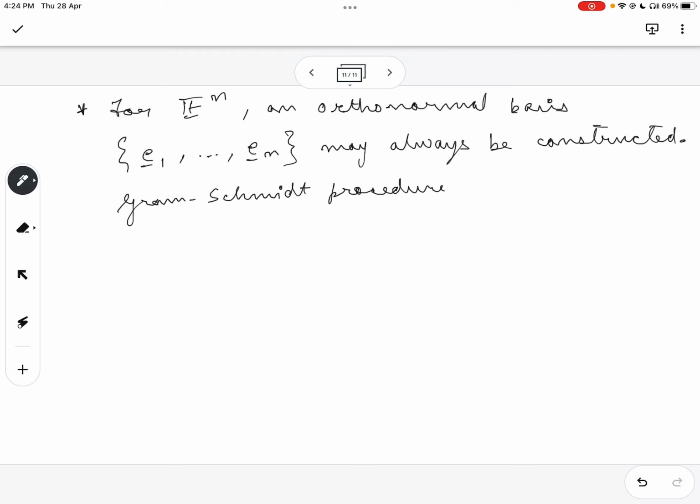They are not necessarily unit vectors. They can be any vectors, but they are linearly independent and they belong to the n-dimensional Euclidean space. So an orthonormal basis can be constructed from that set of vectors.